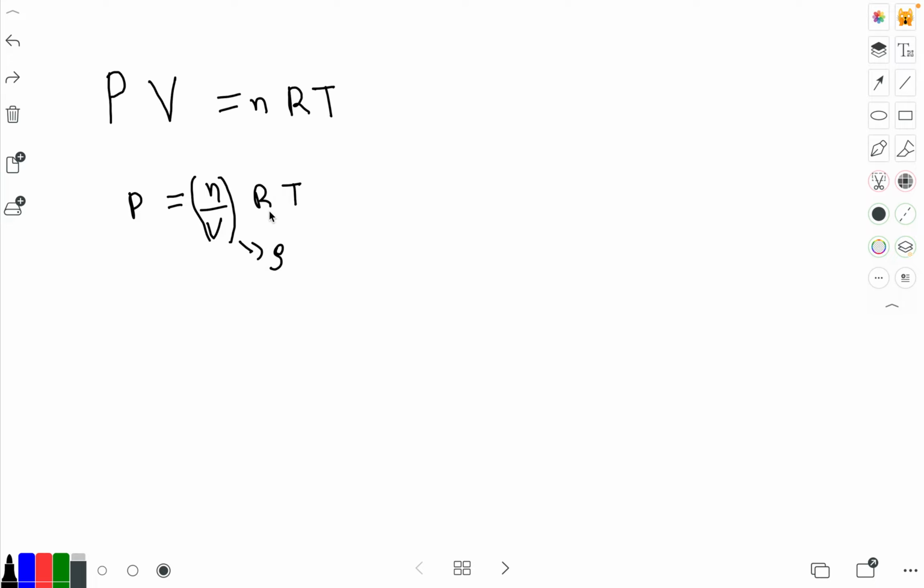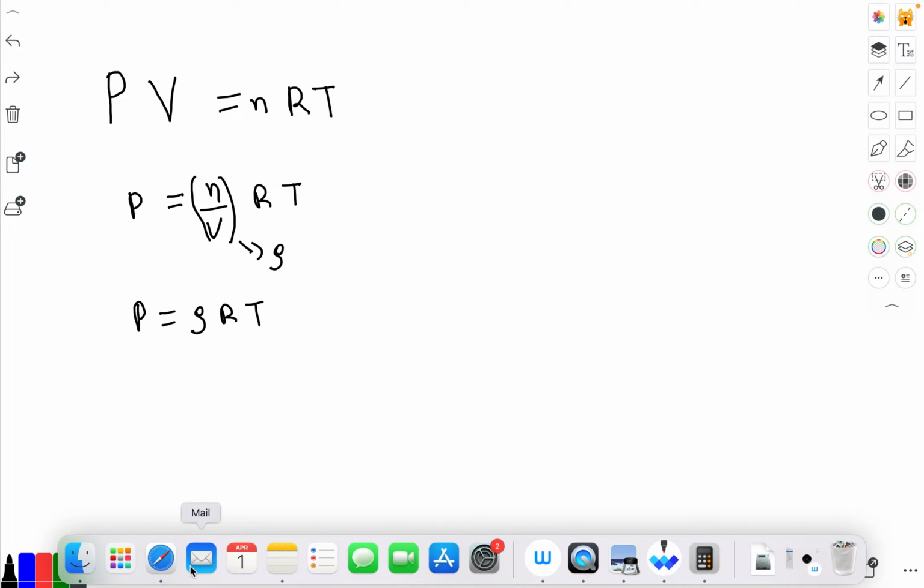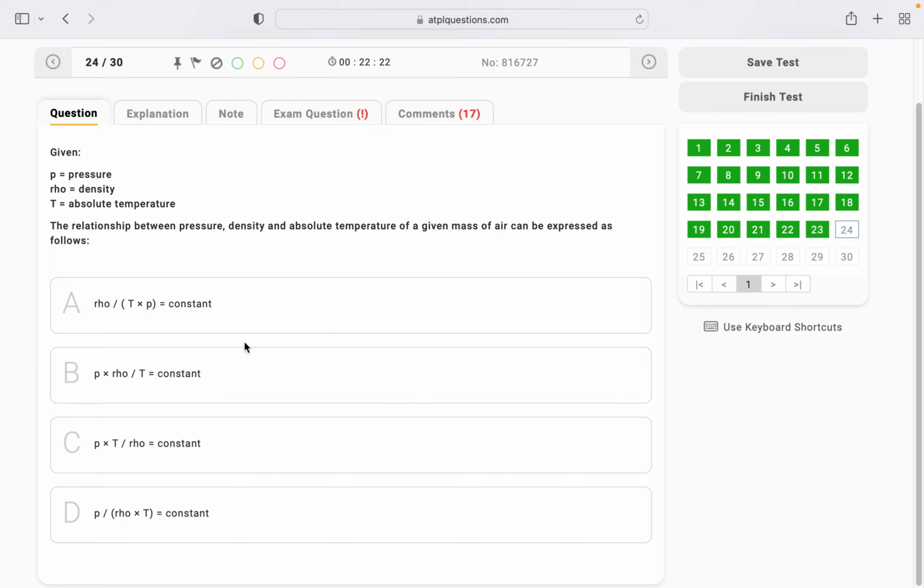And R is a constant of the ideal gas. So write this here, pressure equals rho R T. Let's see now the answers.